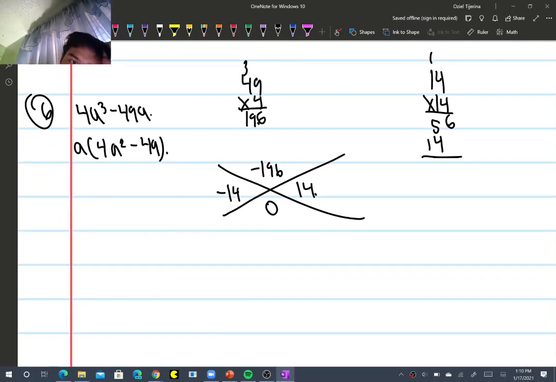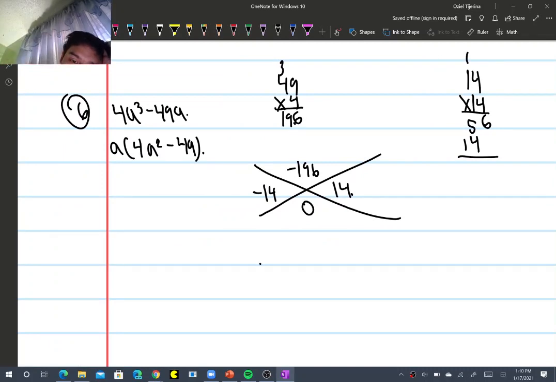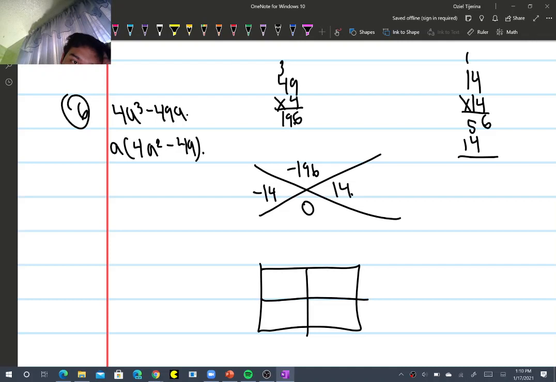So then we would do our box. We would have 4a squared. Our first term would be negative 14a. Our second term is 14a. And then our c value is negative 49.